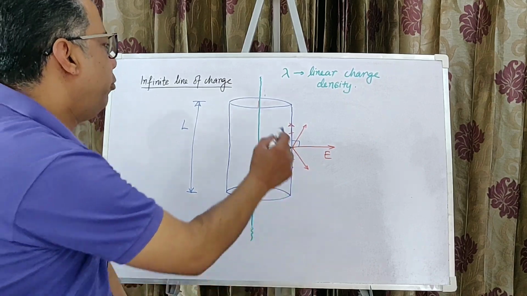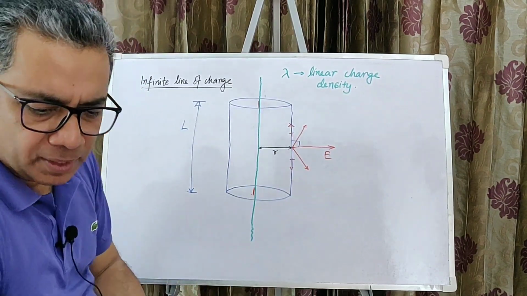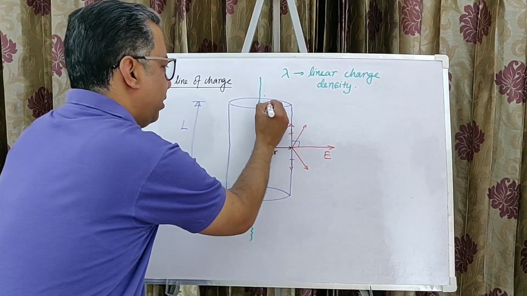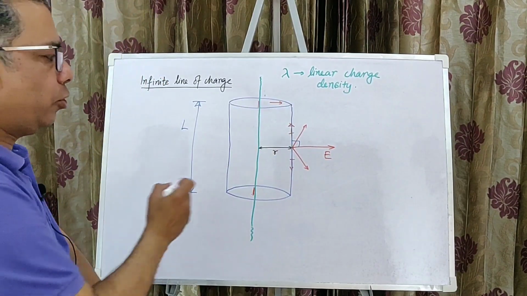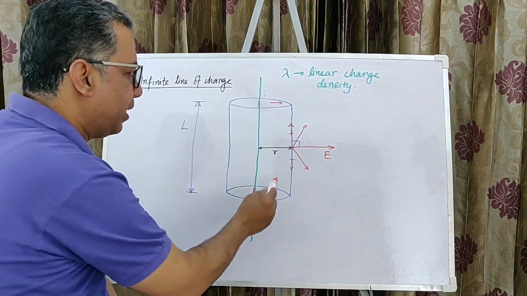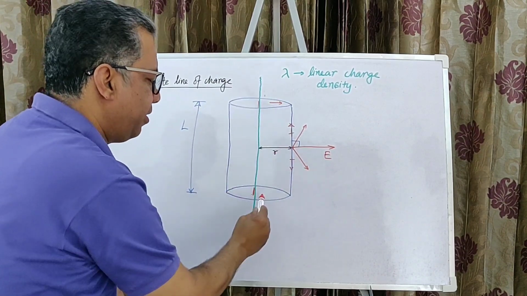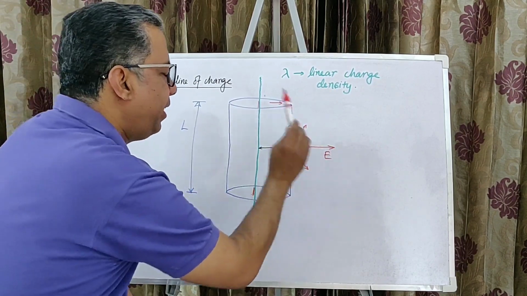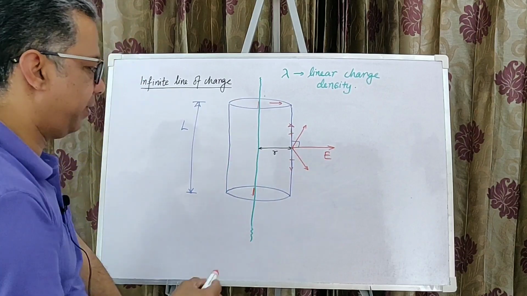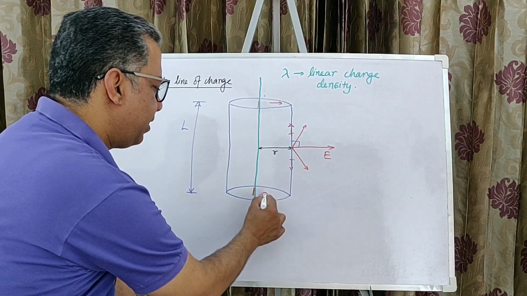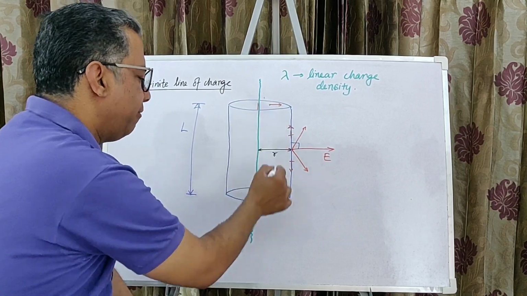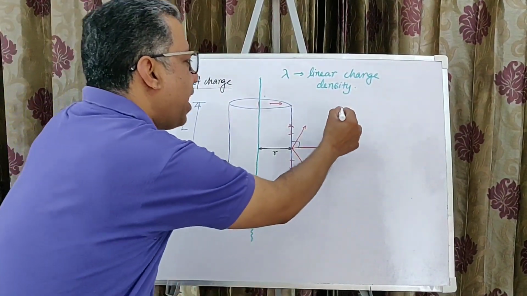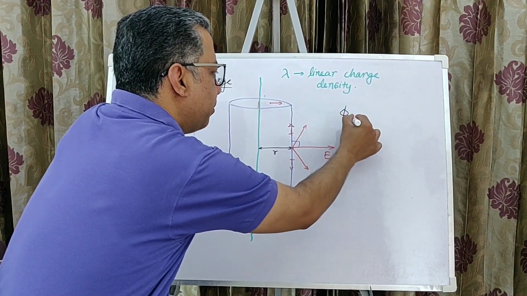Also, if you look at the flat surfaces, the electric field will be tangential to the surface. So for the flat surfaces, the electric field is tangential to the surface, and for the curved surface, the electric field is normal to the surface. Since the electric field is tangential to the surface on the flat surfaces, the total flux on the flat surfaces will be 0.